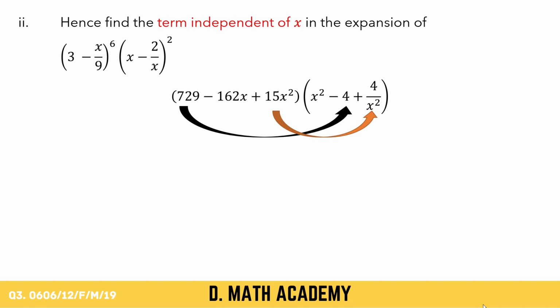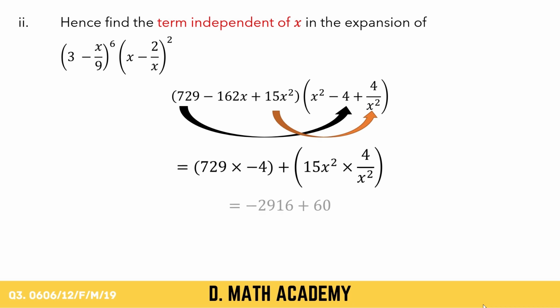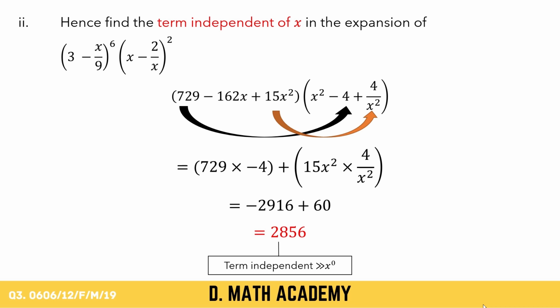You just have to fulfill the question requirement. So the excess variables in this question will be the -162x and the x squared. They are not being considered during the calculation to identify terms independent of x. So after you multiply these two together, you will get -2916 plus 60. So the final answer, -2856.